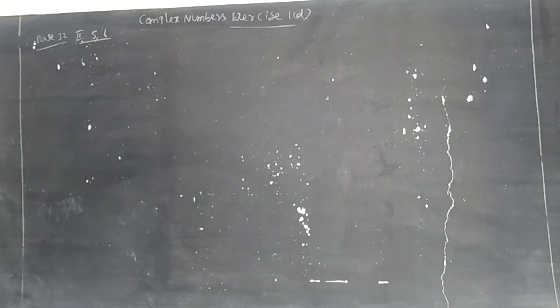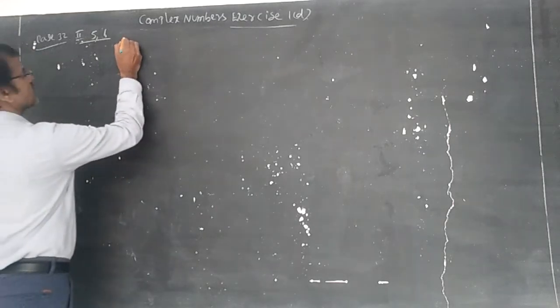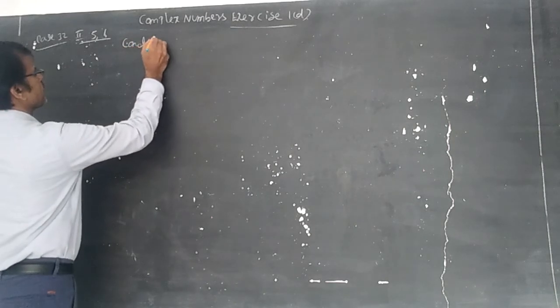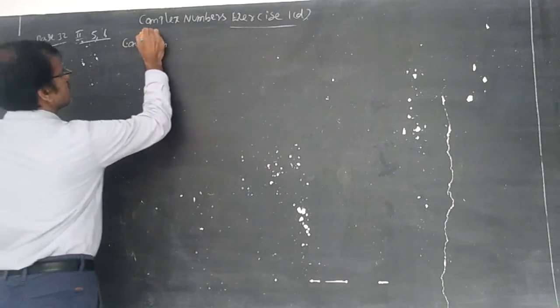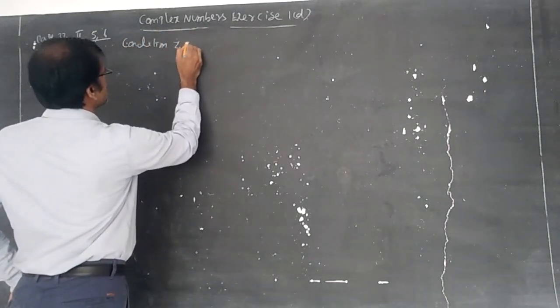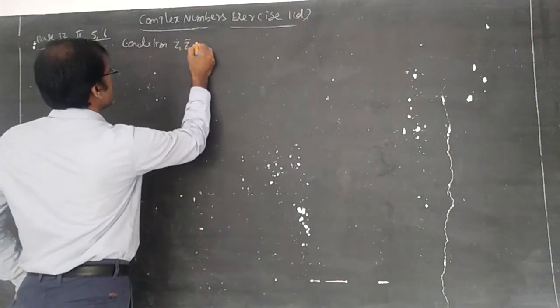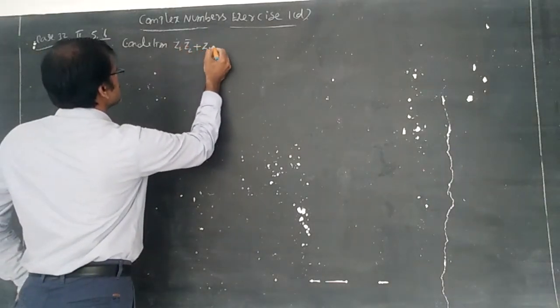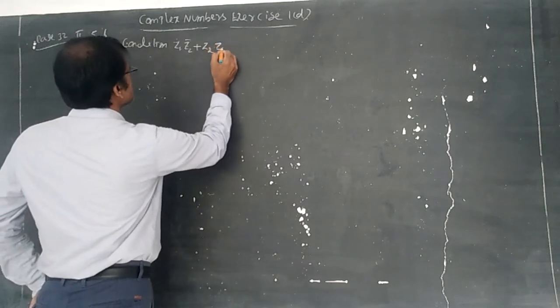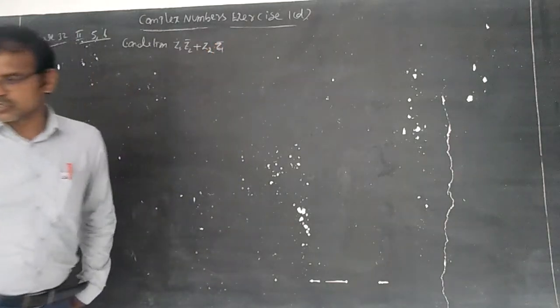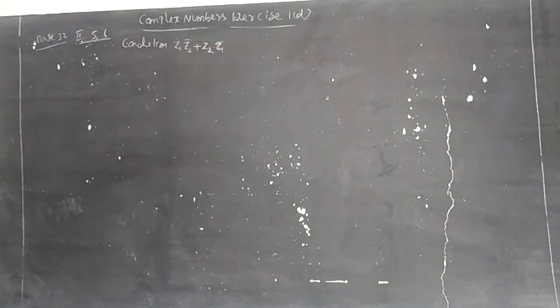O is the origin. The condition is Z1 Z2 bar plus Z2 Z1 bar is equal to 0. Then show that angle POQ is equal to 90 degrees.